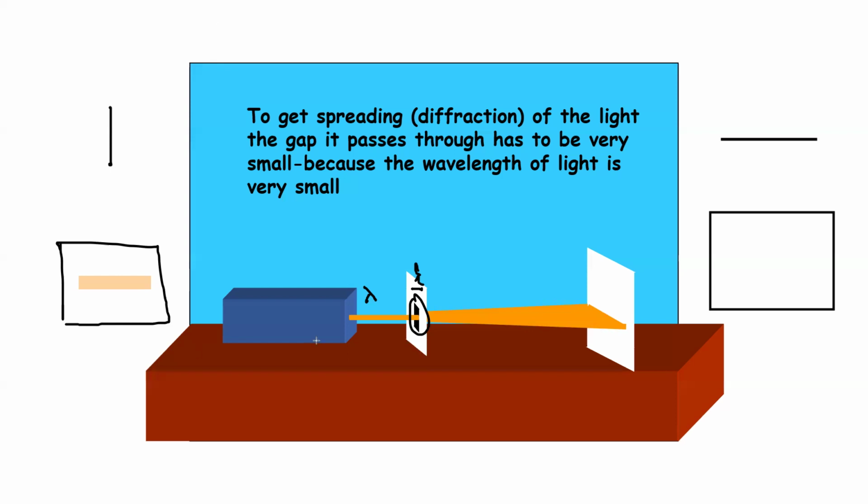So in that case, we will observe vertical scattering. The pattern will be like this. So always remember, when the wave is passing through the gap, it spreads out.